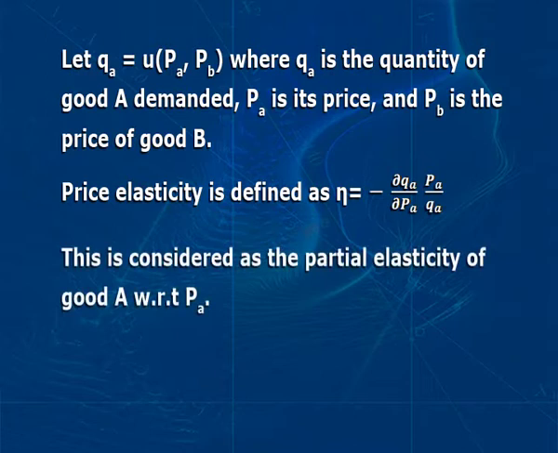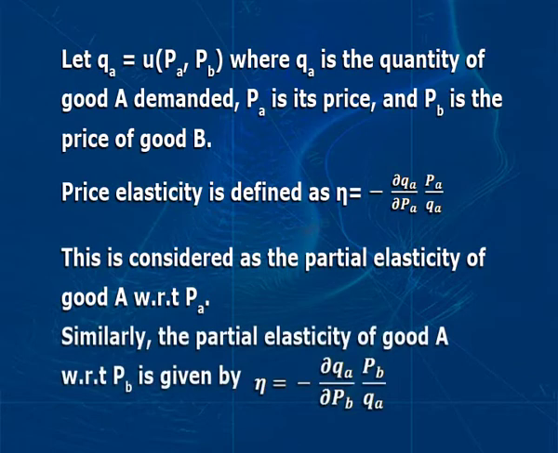This is considered as the partial elasticity of good A with respect to PA. Similarly, the partial elasticity of good A with respect to PB is given by eta is equal to minus del QA over del PB into PB upon QA.